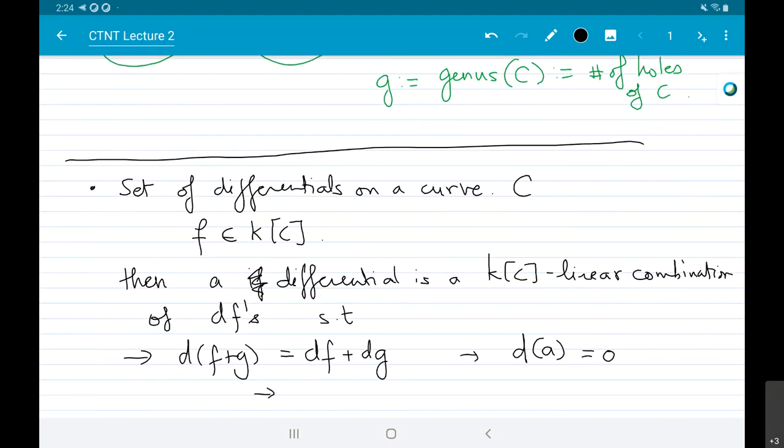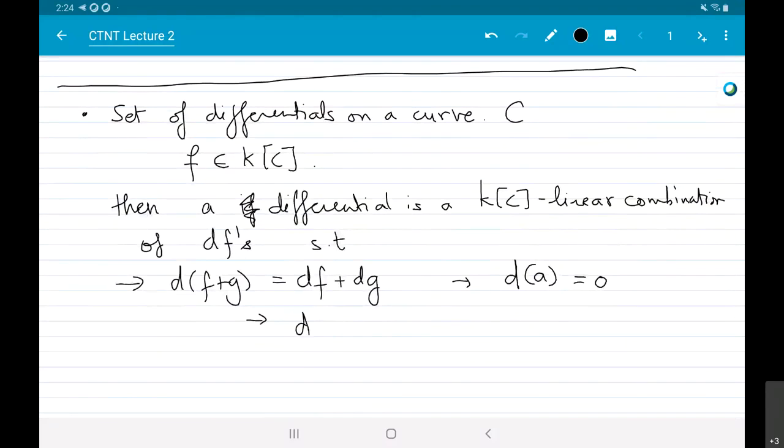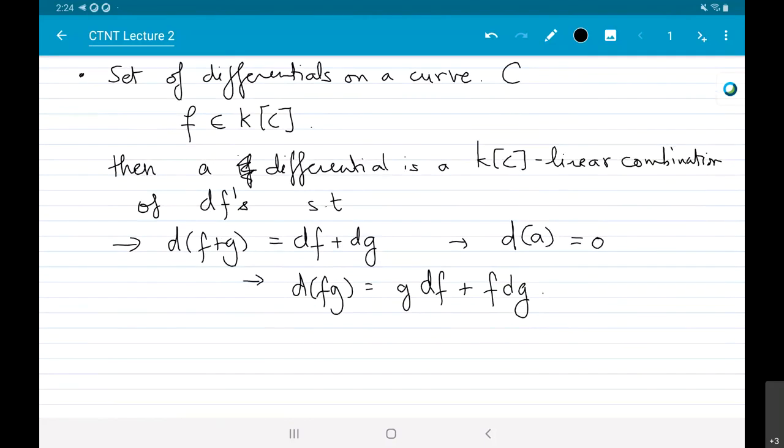And most importantly, it should satisfy the Leibniz rule, which is the product rule that you may have seen in calculus: d of fg is g df plus f dg. This is called the Leibniz rule. So a differential is just going to be a combination of these, some sum of f_i dg_i, subject to all of these relations.